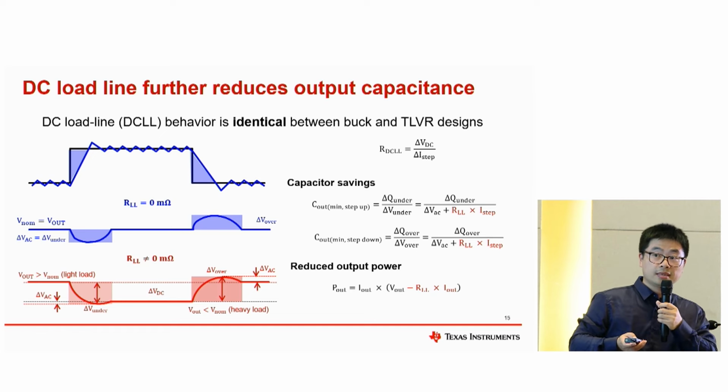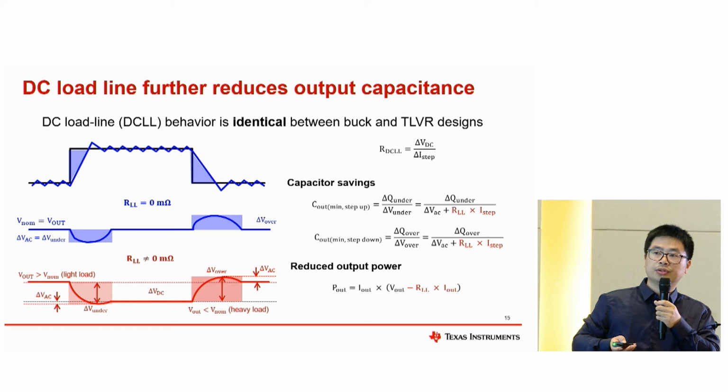We can say that when we load up, the output voltage will drop from the idle one to the full load value, and when the load goes down, the output voltage will jump up.